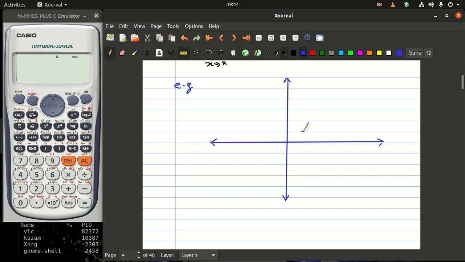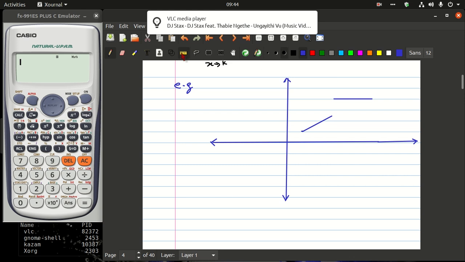Suppose I have this function here which is going nicely like this. I have this point here, and I also have this point here. I'm going to extend this so that it is here, and then on top of that I'm going to remove this.